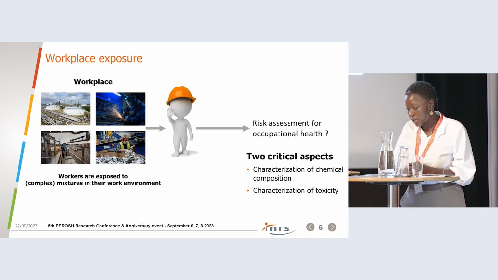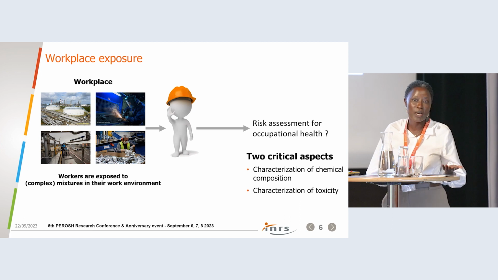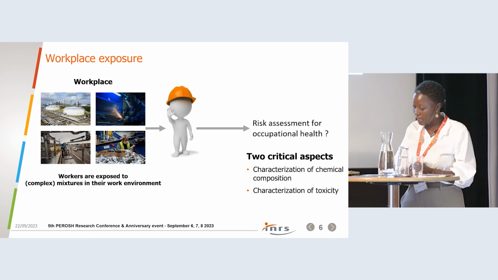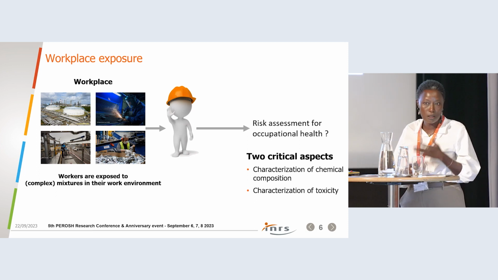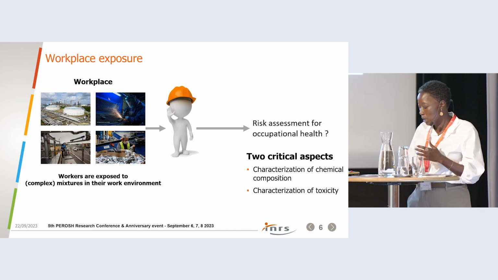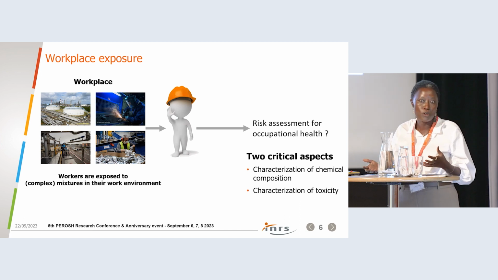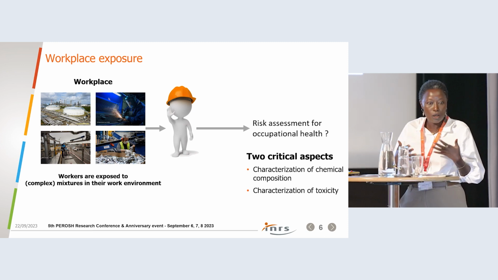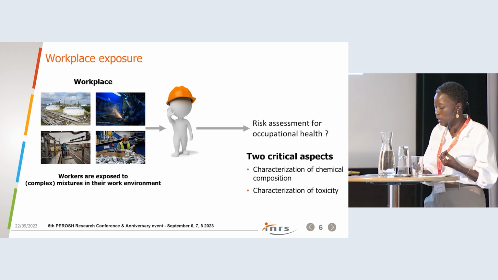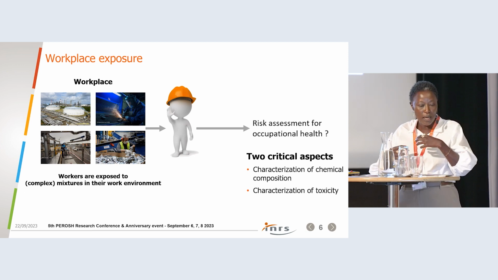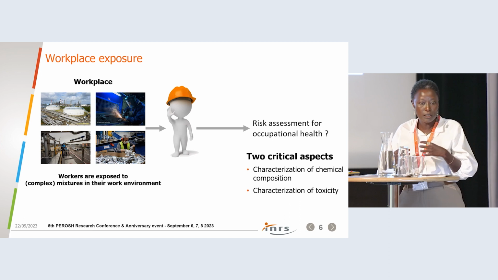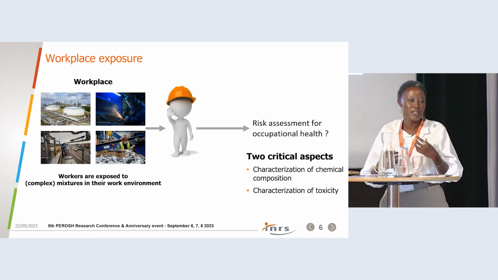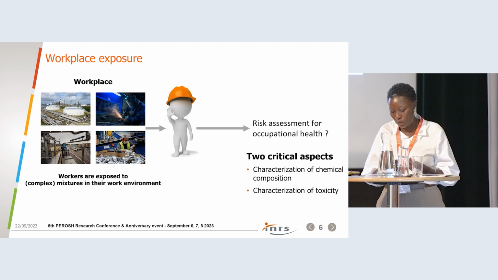One example is the worker in a waste plant, when treating waste, who can be exposed. And also today there was a talk on the combined exposure to chemicals and biological agents in the workplace. So an occupational risk assessment for workers finds itself at a crossroads, where there is a need to characterize the chemical composition, and also an imperative need to evaluate and gauge their toxicity.